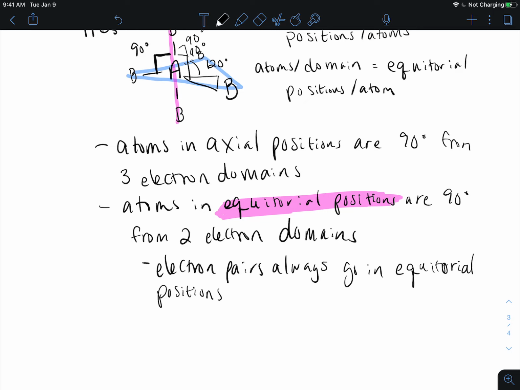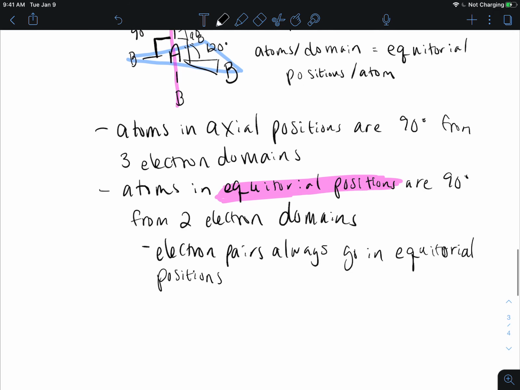Because they're only 90 degrees from 2 other electron domains, and they're 120 degrees from other ones, they are considered to be the less repelled position. So electron pairs are going to be going there.